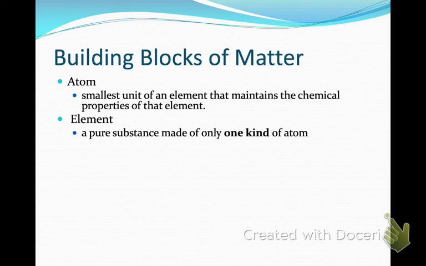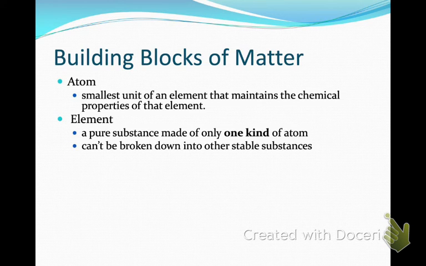So an element is oxygen or carbon or nitrogen. All of those are found on the periodic table. Once you are looking at an element like carbon or oxygen, we don't break that down into smaller types of substances, right? If we've got oxygen atoms, we can't break those apart to be two smaller, different types of atoms. Oxygen atoms are oxygen atoms.